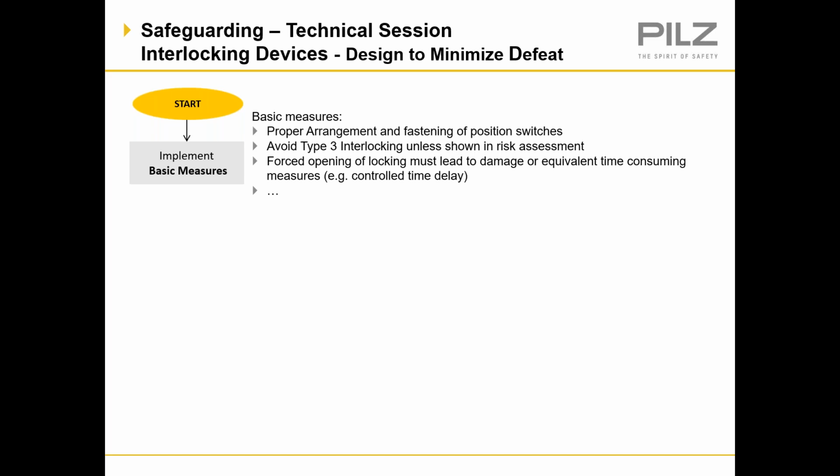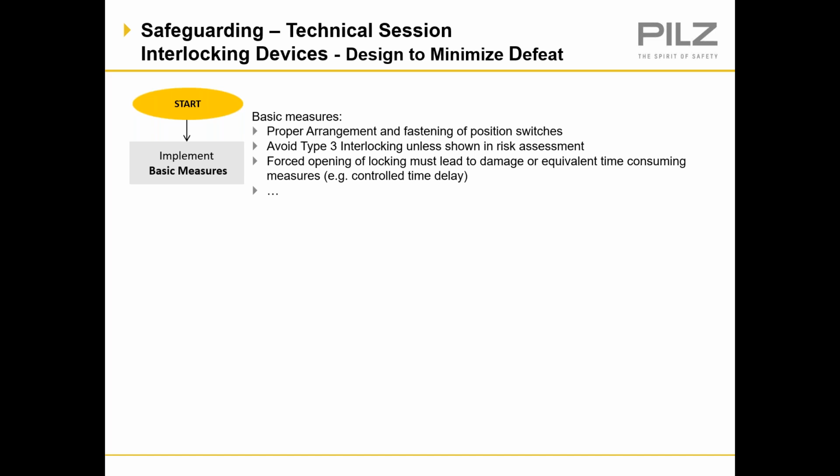So design measures are implemented to minimize defeat, and have become a large and important part of the 14119 standard. This was the result of authorities observing that interlocking devices are a likely safety element that can be easily defeated if the design is not done properly.